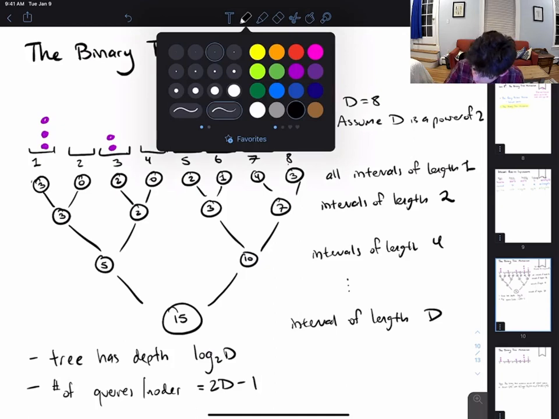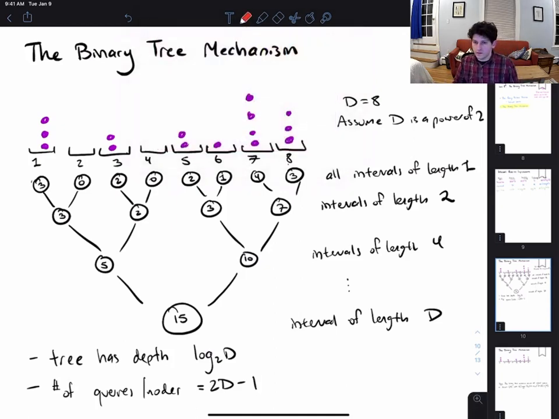All right, so suppose I add a single data point. Okay, so suppose I add a 4. Well, which queries does this 4 impact?